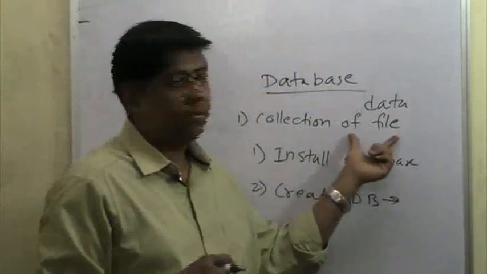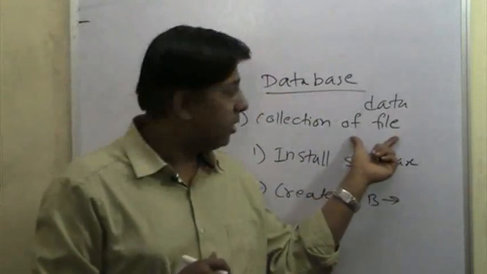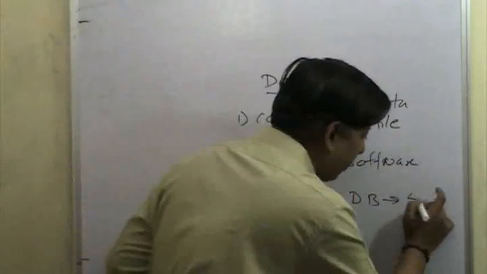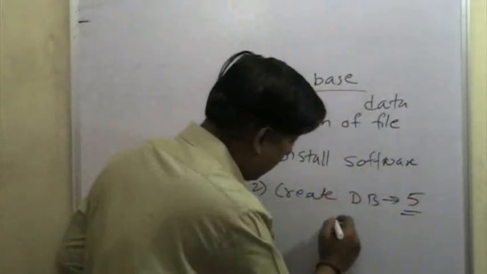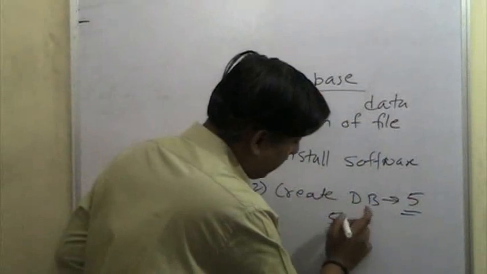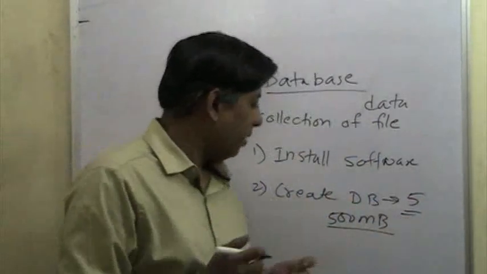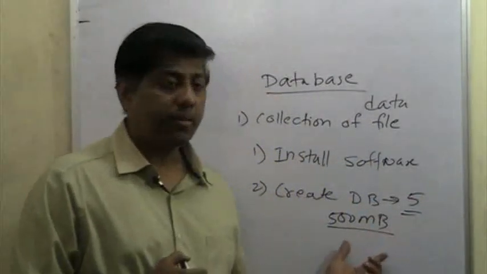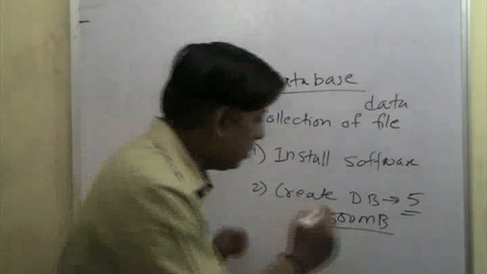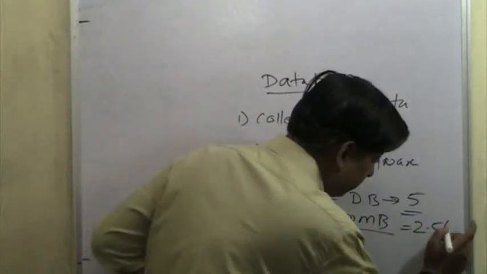We are creating a bunch of data files. Maybe there are 5 different data files, each 500 megabytes. Five files of 500 megabytes each. What is the meaning of that? That means the size of my database is 2.5 gigabytes.